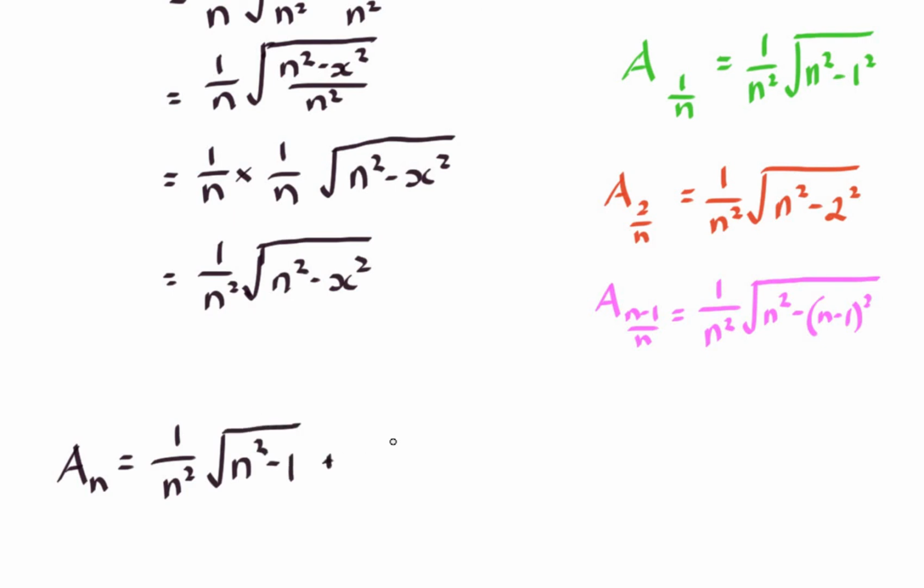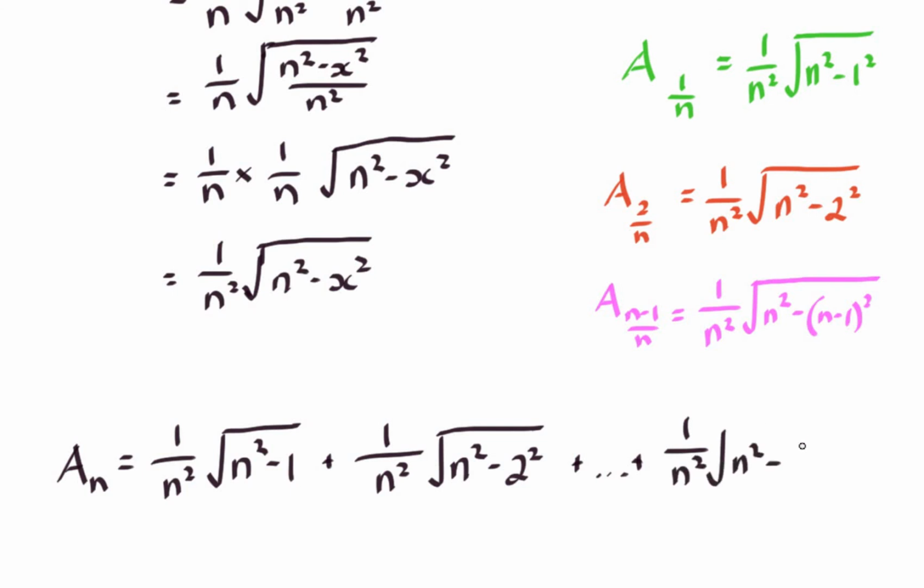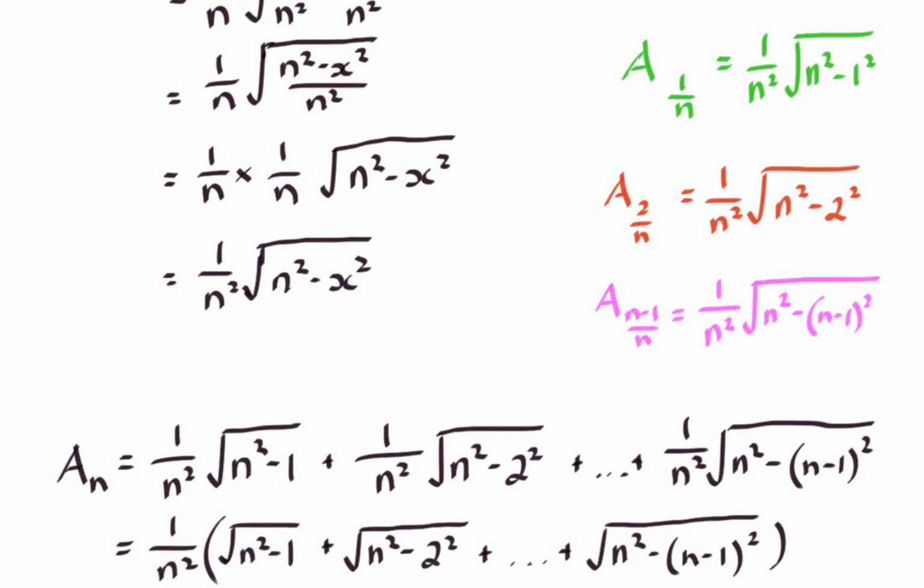And when we're doing this, we notice that because they all have a 1 on n squared that is common, we can drag that out the front. We can factorize. And so when we drag that out the front, this 1 on n squared, then we are left with all of these radicals, like so. And that's part A done.